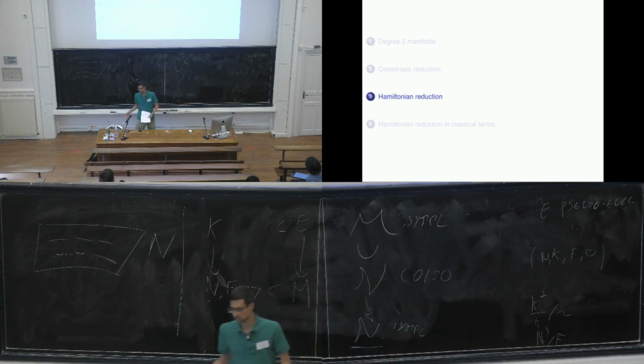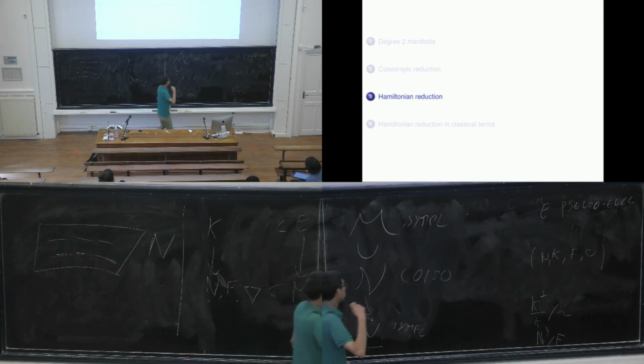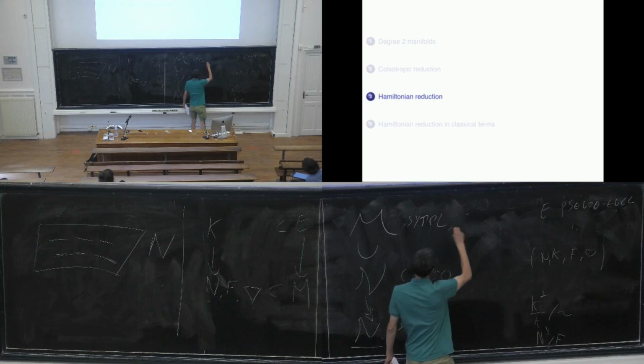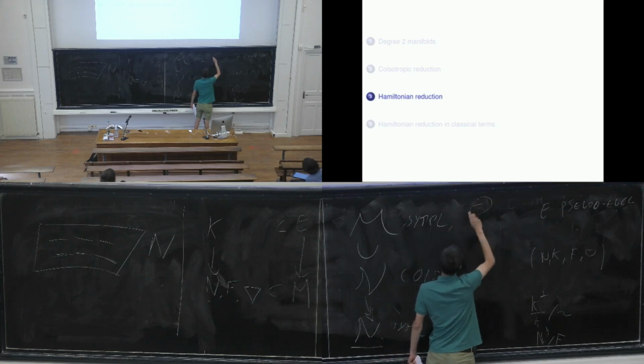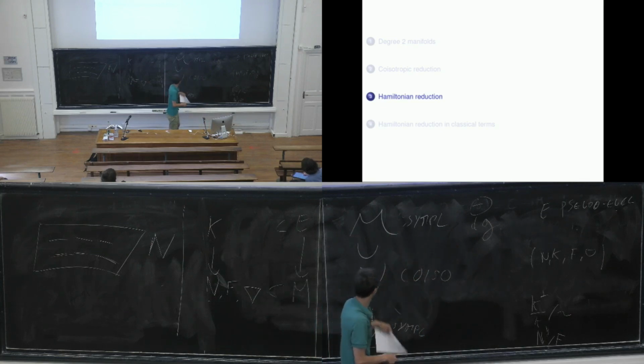Then I brought into the picture Courant algebroids, so to say. Here I added this Courant function theta, which just means that M is now a symplectic DG manifold.